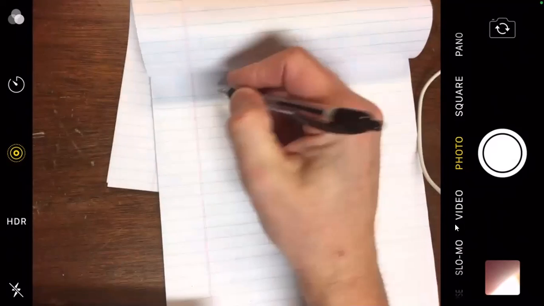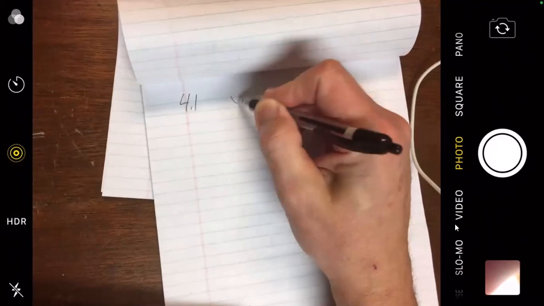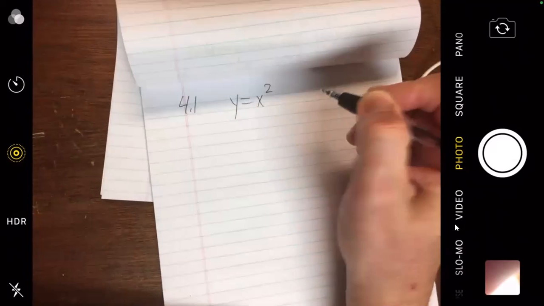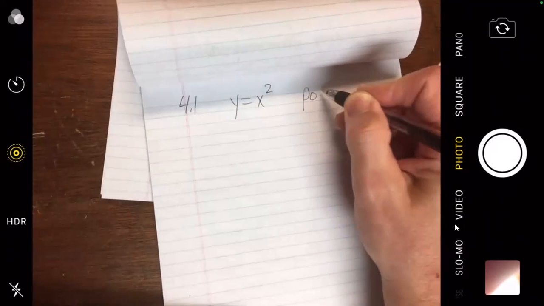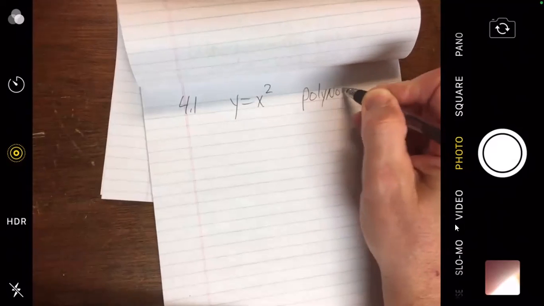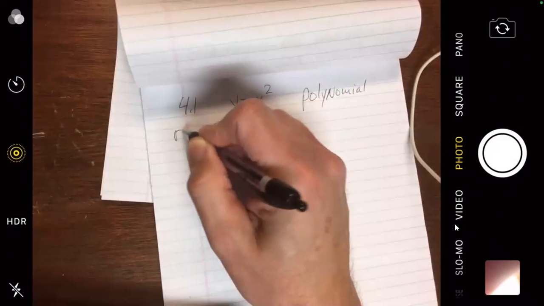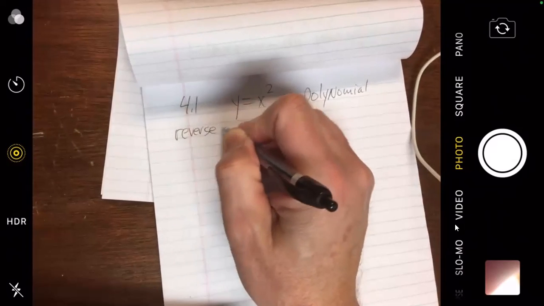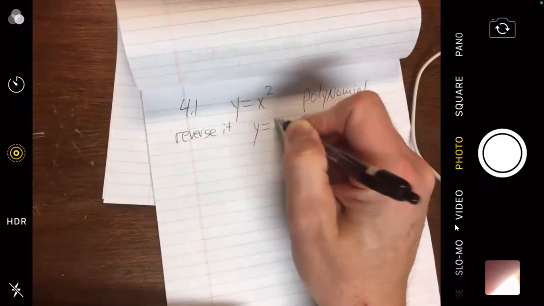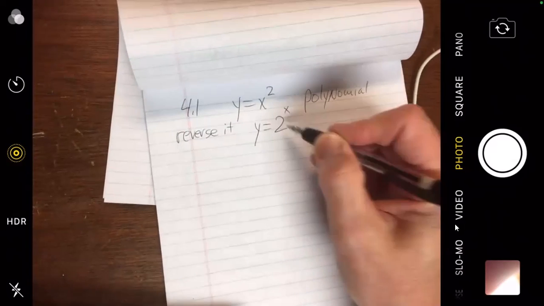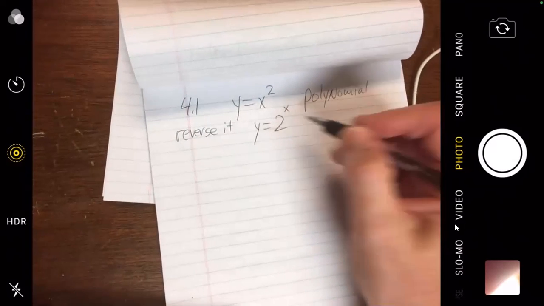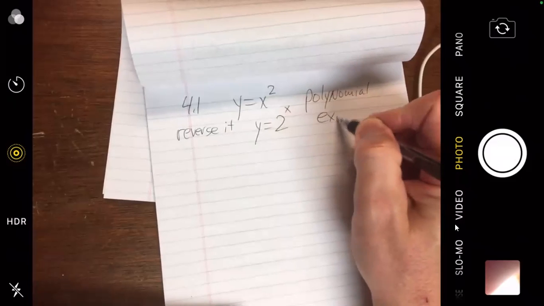And then in chapter 5, we hit trigonometry. In 4.1, you're used to y equals x squared, that's a polynomial. You reverse it, y equals 2 to the x. So your base is constant, the x is your exponent. That is your exponential.